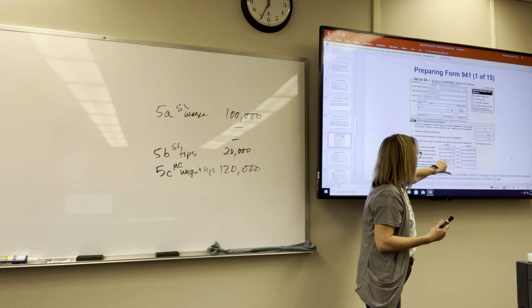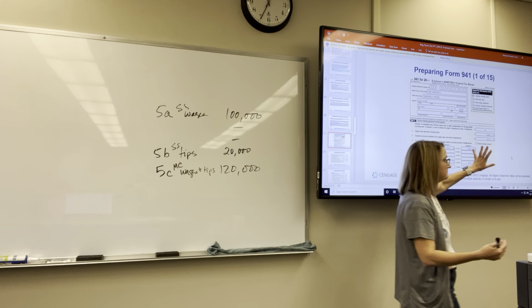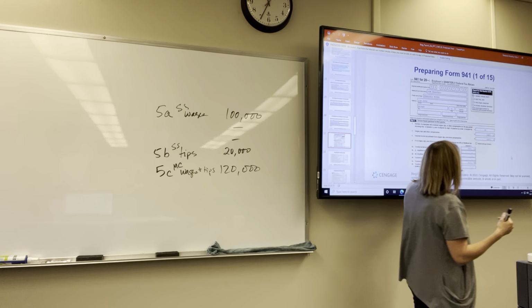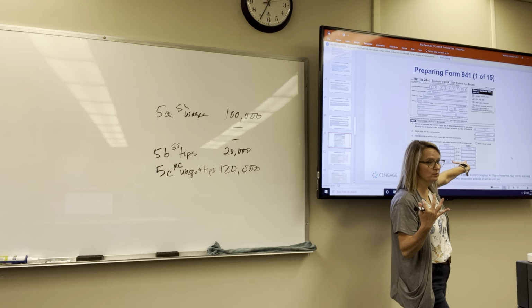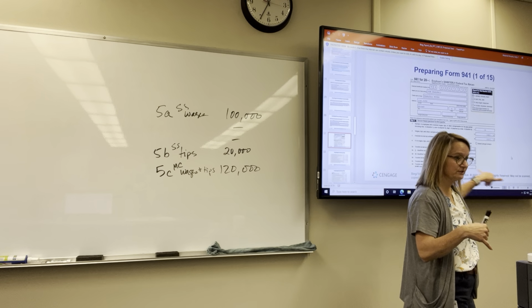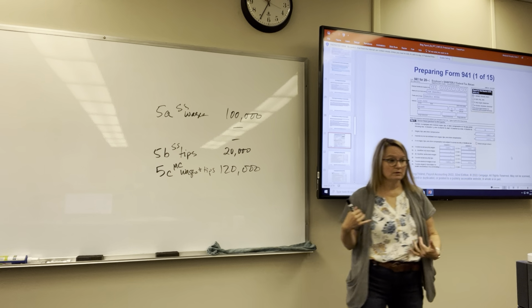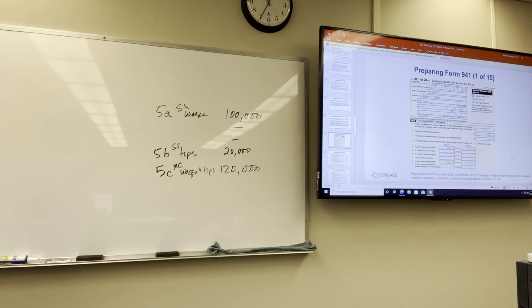I had a lot of students email me, I think mostly in the online class, wondering why they had a red X where they didn't enter anything in here, because they had forgotten to actually enter the Social Security tips on the particular 941 in that problem. Questions? All right.